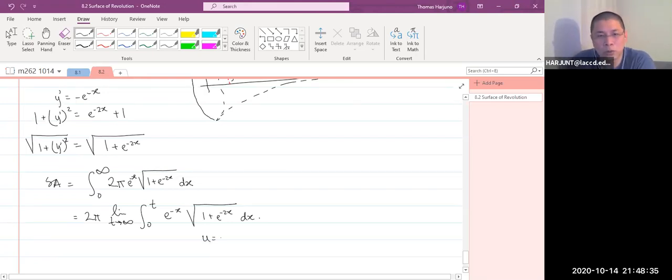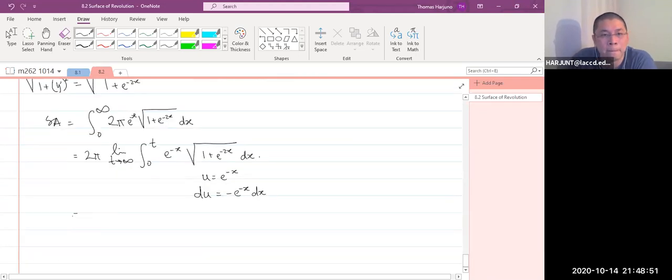Let u equal e to the negative x. So du equals negative e to the negative x dx. This is u square root of 1 plus u squared du over negative u.